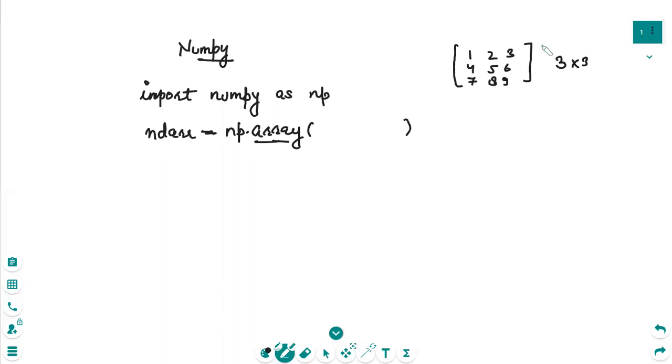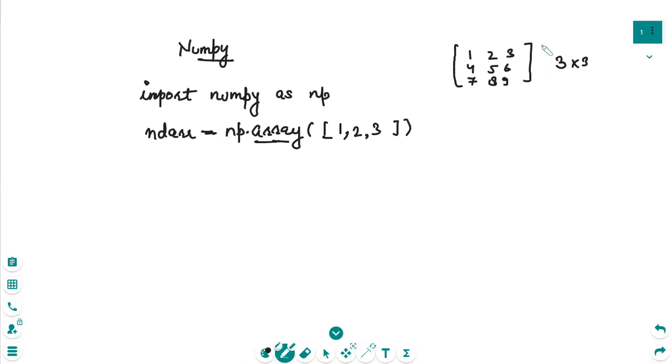Suppose that I want to create an array of 1 dimension, right? So the array will be like that: 1, 2, 3. This is a 1 dimensional array, right? Which means it has no columns, it has only a row, right? So this is an array.